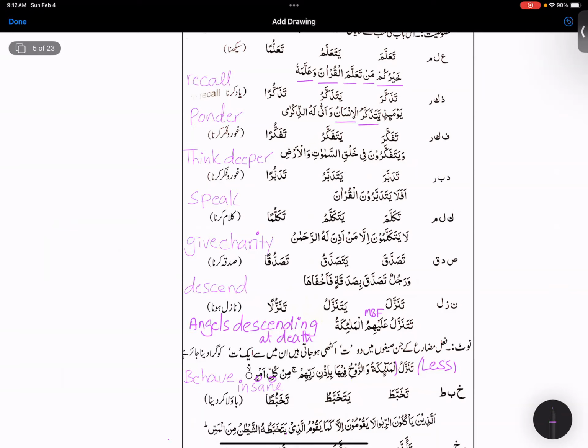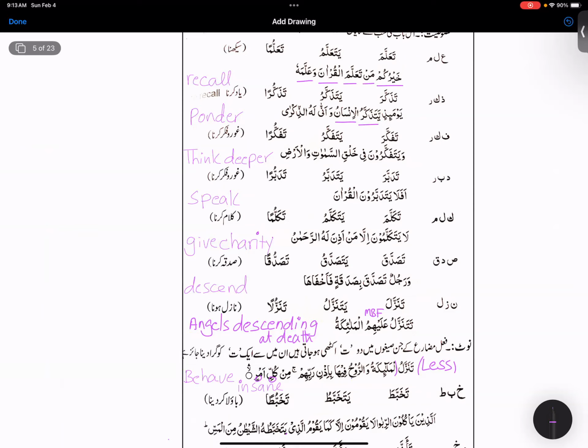Everyone is watching their life story, whatever they did, running in front of their own eyes, and they remember it really well, right? It says in Quran Pak that on that day the memory would be so sharp, like iron.